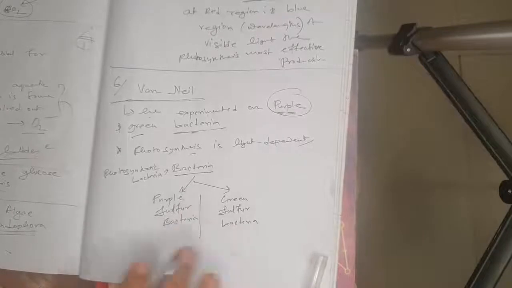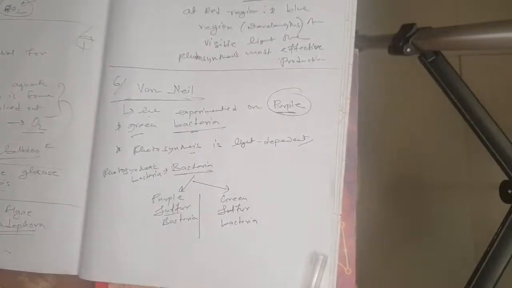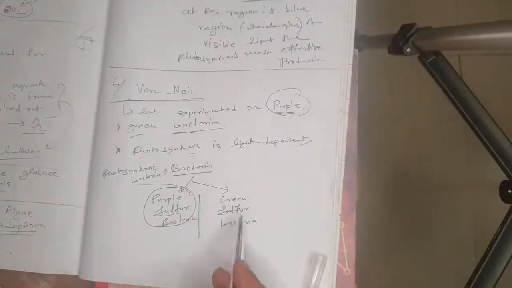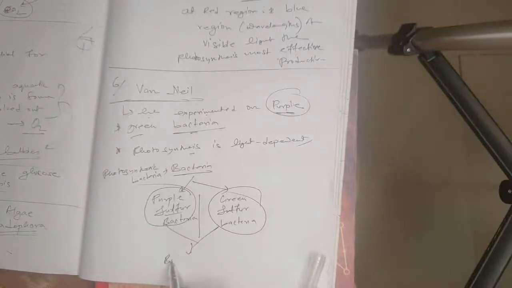Now I will talk about the details of purple sulfur and green sulfur bacteria and why they are called sulfur. But before that, you have to understand that in purple sulfur bacteria there is no green pigment, and in green sulfur bacteria there is green pigment. But still, both of them do photosynthesis.